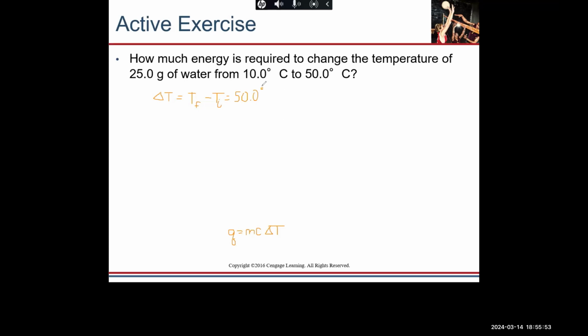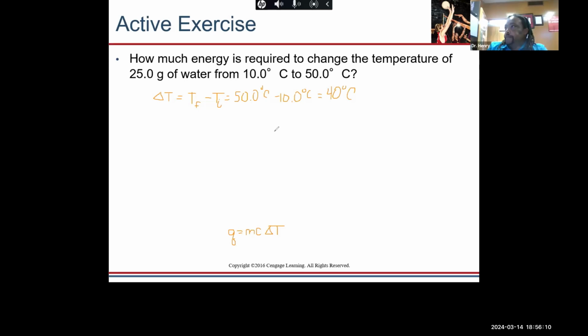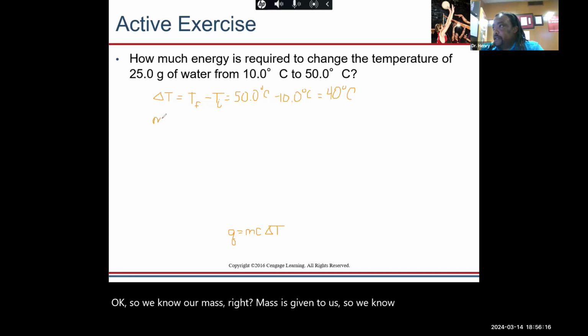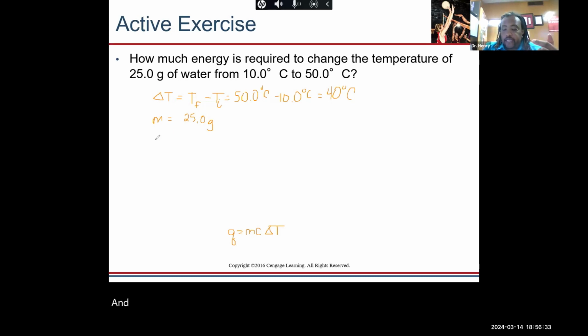And then it'd be minus the 10. Okay. So we know our mass, right? Mass is given to us, so we know what M is. And we're going to go to C, find that C on that table.